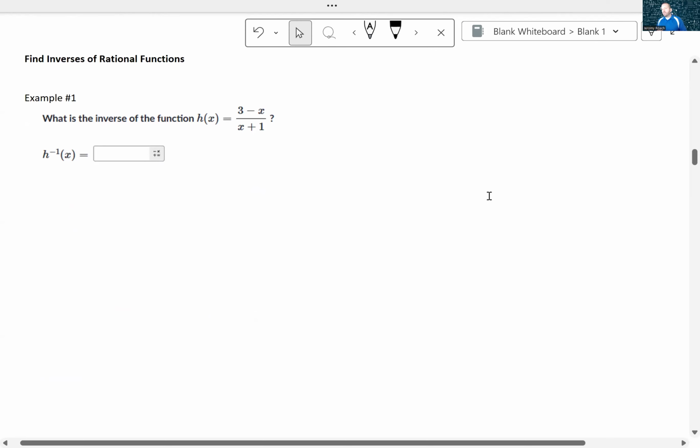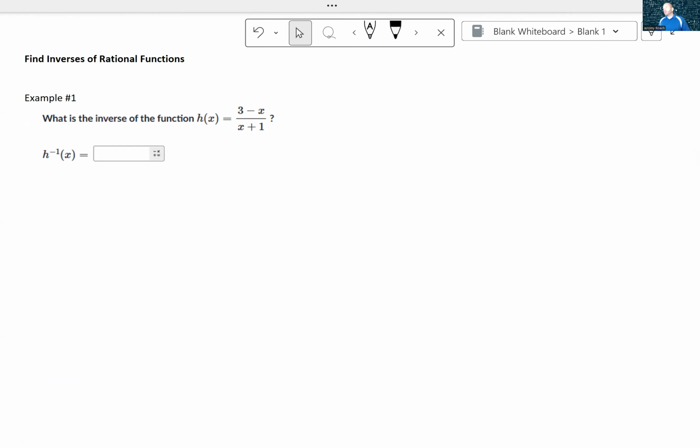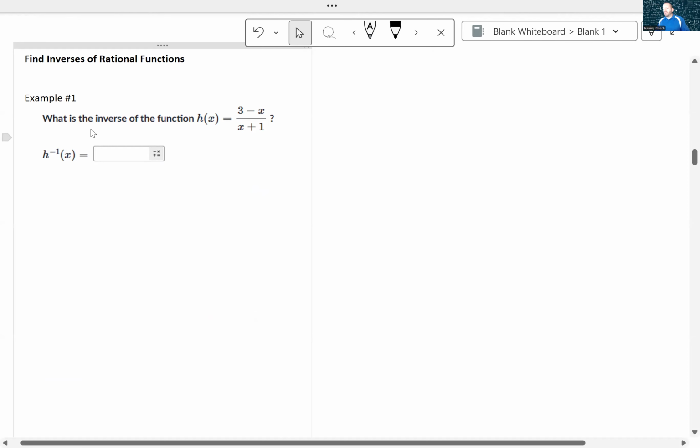Now we're going to go to inverse functions, inverses of rational functions. So the inverse is a really simple way to solve for the inverse is just to switch the y and the x values, and that will give you the inverse function.